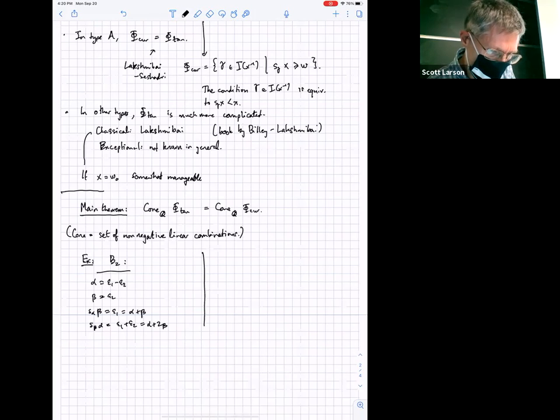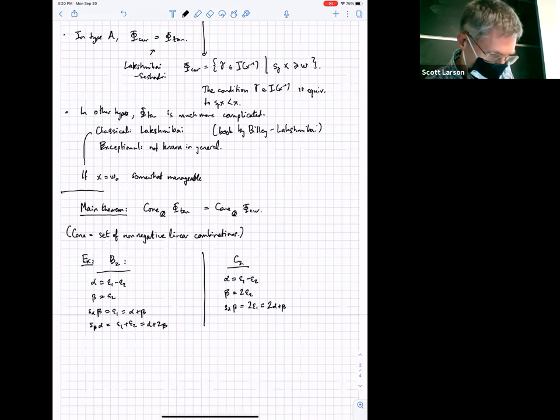And in type C2, the roots are, again, alpha equals epsilon 1 minus epsilon 2, beta equals 2 epsilon 2, S alpha of beta equals 2 epsilon 1, which equals 2 alpha plus beta, and S beta of alpha equals epsilon 1 plus epsilon 2, which is alpha plus beta.